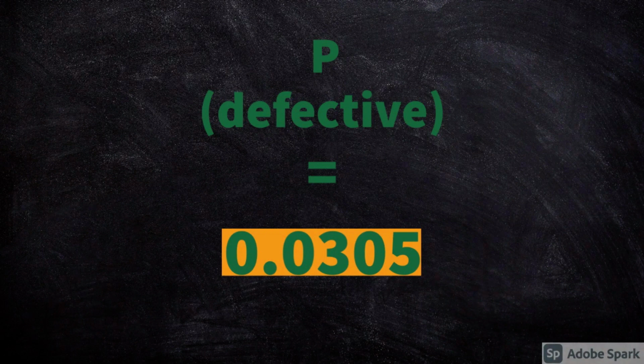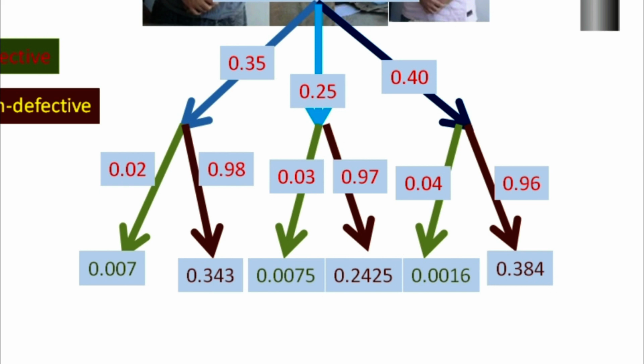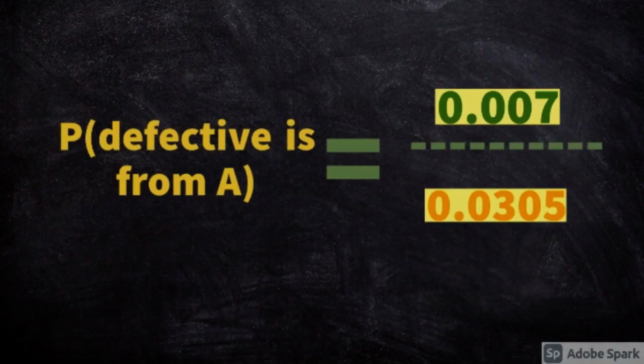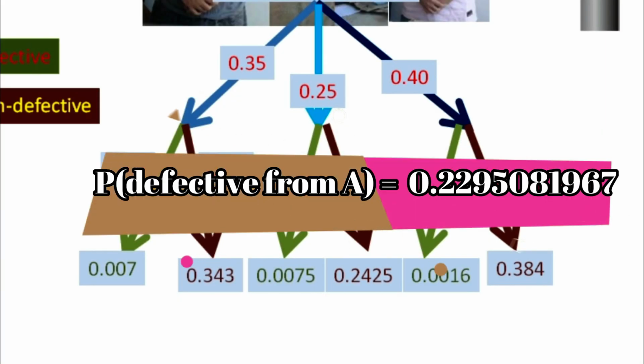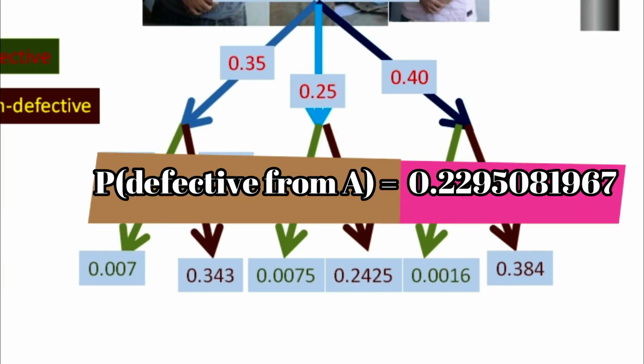So our answer would be the probability that it is defective and from A. Now the probability that the defective item is from A is equal to 0.007 over 0.0305. The answer is 0.229508197.